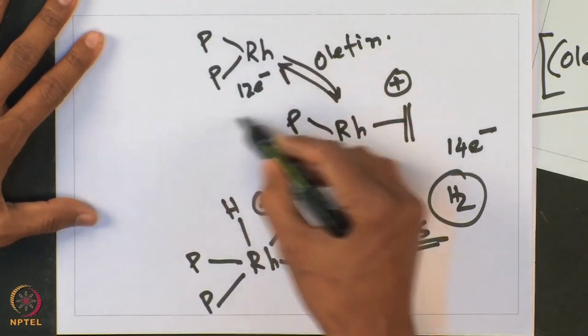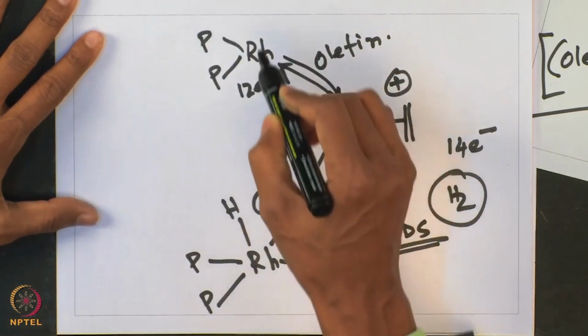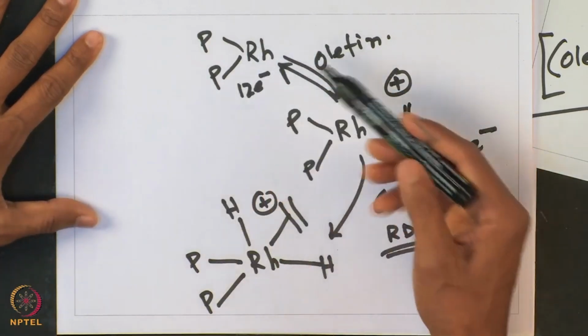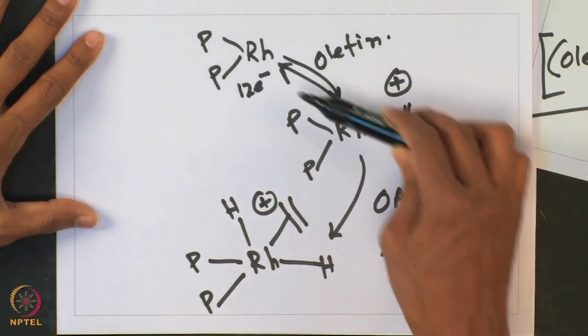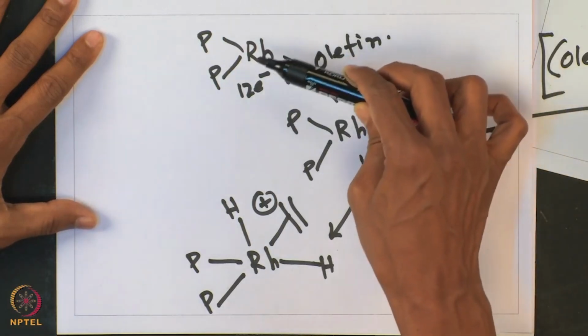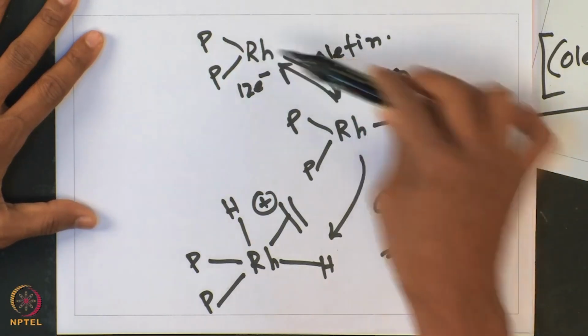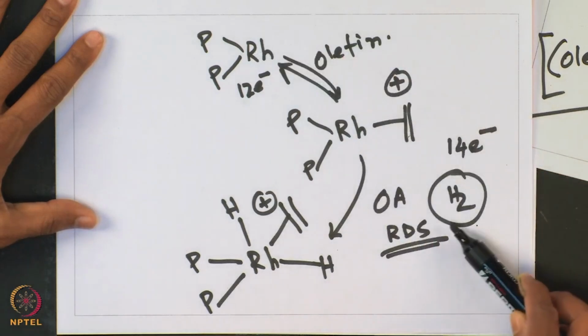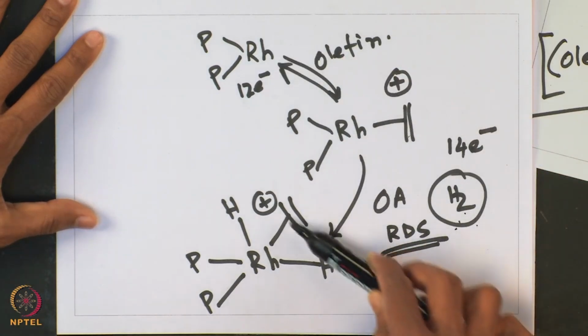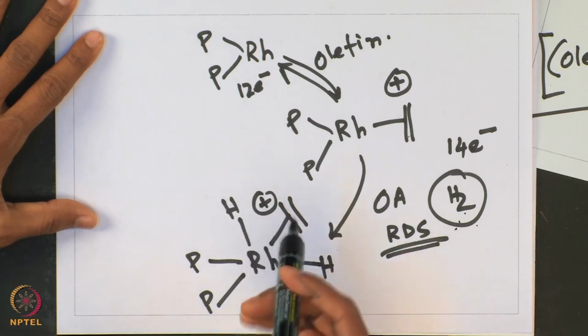In these cases we do not have a monohydride to start with in the organometallic intermediate or the metal complex. Here we have a number of vacant coordination sites at the metal center, then olefin binds and then oxidative addition of hydrogen happens to give the olefin coordinated dihydride intermediate.